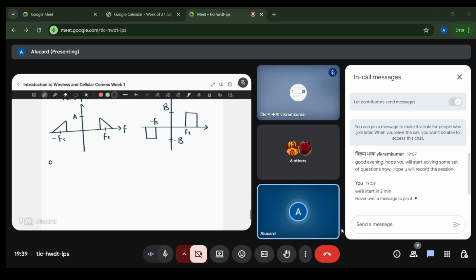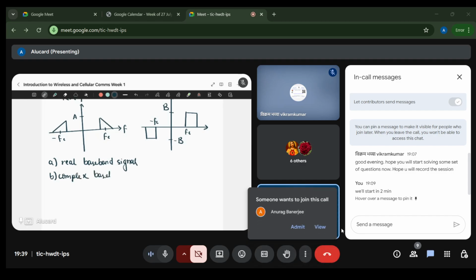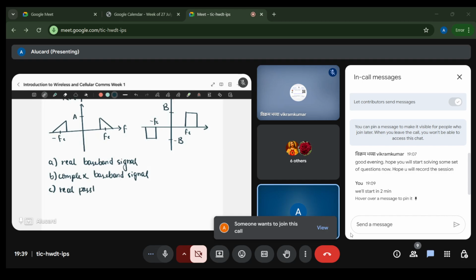From this, you have to tell whether it's A, a real baseband signal, B, complex baseband signal, C, real passband signal, or D, complex passband signal. I'll leave you with that question. Think of the answer. I'll be back in a minute.